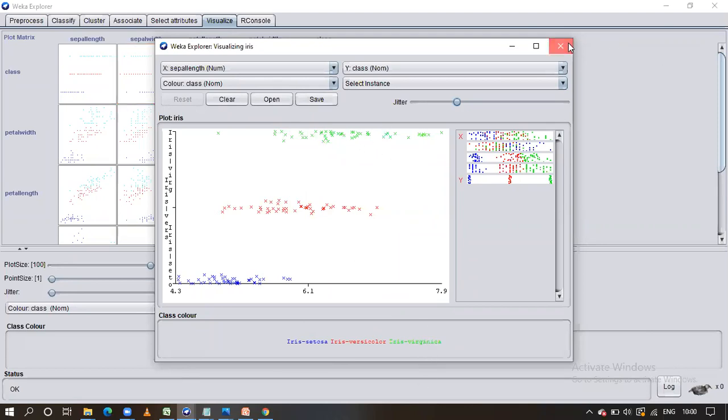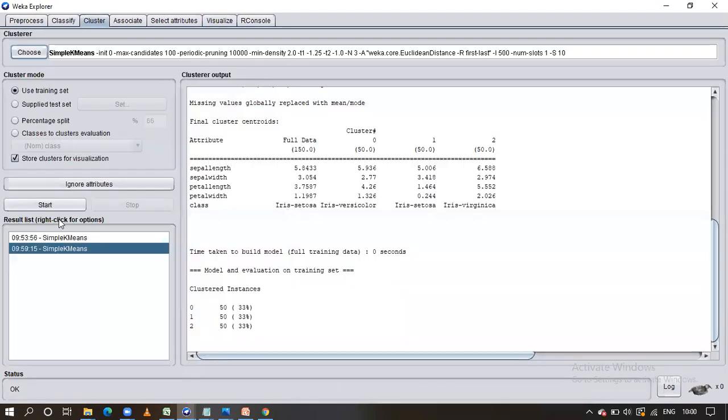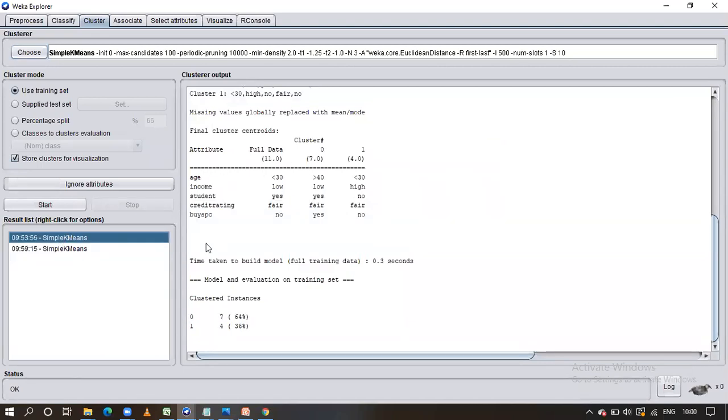But coming to the previous one, we have only less points there. In this ninth experiment, iris, we have 150 points, that is why we are able to see the clusters clearly. But in the student ARFF, we have taken only 11 points, that is why we are unable to see the clusters.